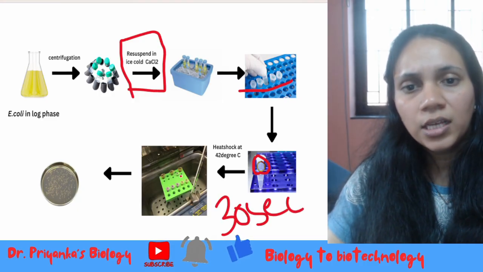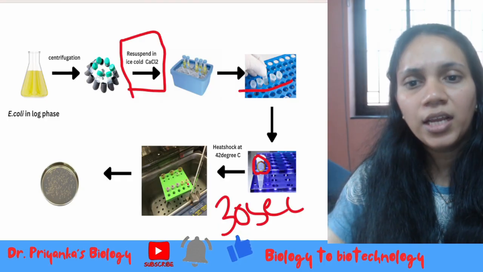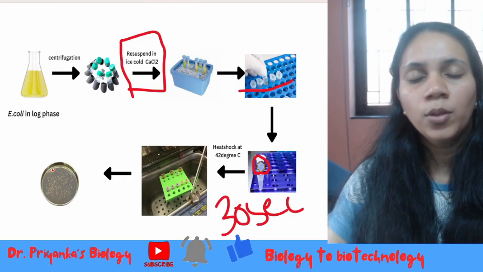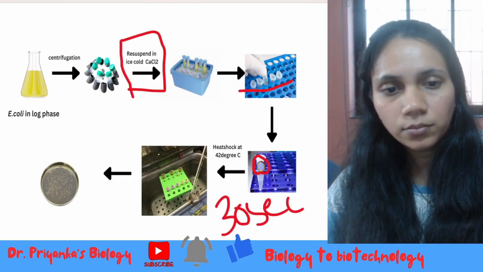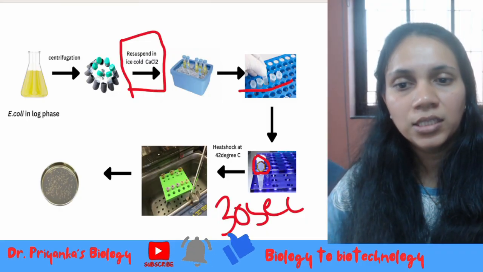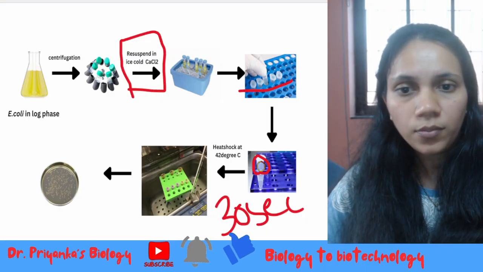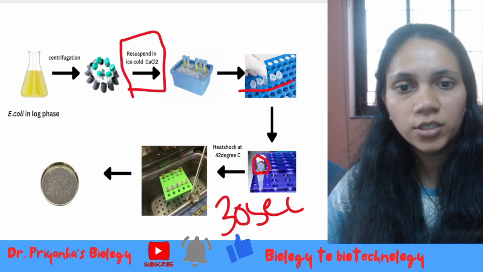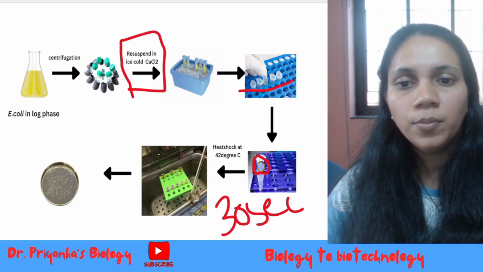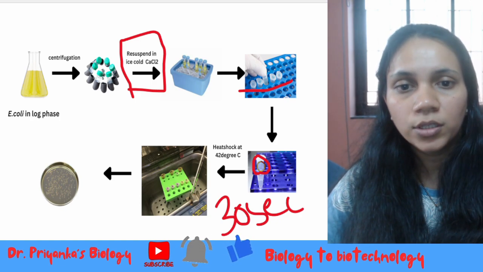Once the cells are ready, we have to transfer them onto some media. Normally we use an antibiotic free solution. After transformation we transfer them into some antibiotic free solution. Now why is this done?